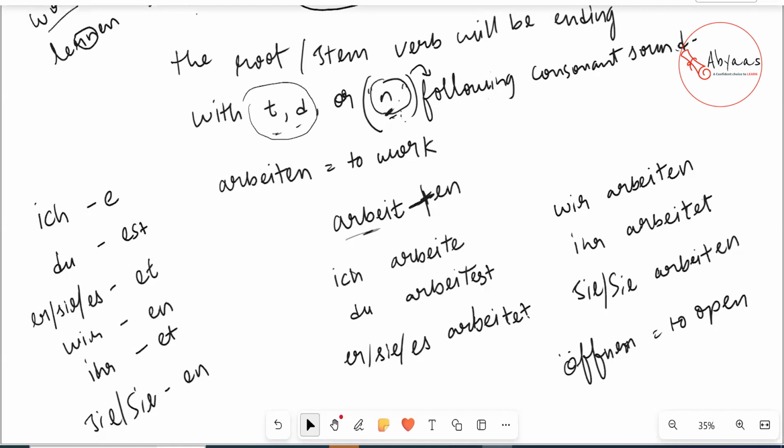That means it is not the formal you, isn't it? Correct. Initially, I was in this dilemma also, but when you start using the language, you'll understand the difference.